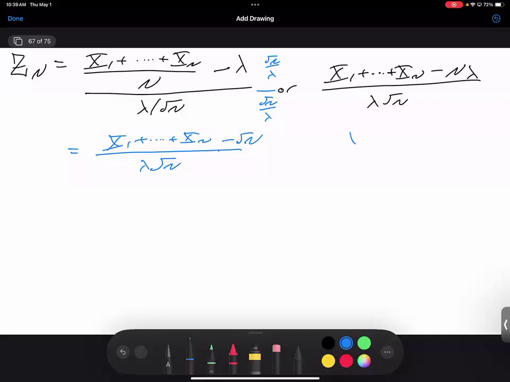And notice what we got here is x1 plus ... plus xn. Oh, did I make a mistake? No, okay, no, that's fine. And then if I want to keep this over the lambda here, I have to make sure I don't divide by the lambda. So minus lambda square root of n if I want to have a common denominator.